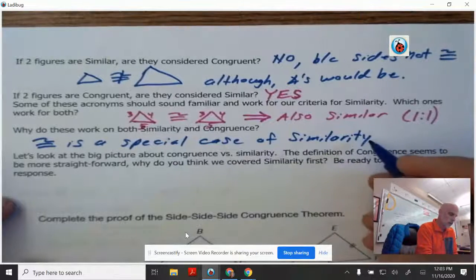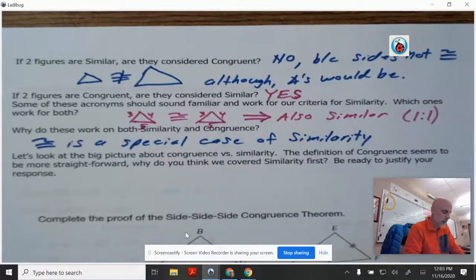All right, we want you to really understand that and be able to say this and why. All right. It says, let's look at the big picture about congruence versus similarity. The definition of congruence seems to be more straightforward. Why do you think we covered similarity first? Be ready to justify your response.